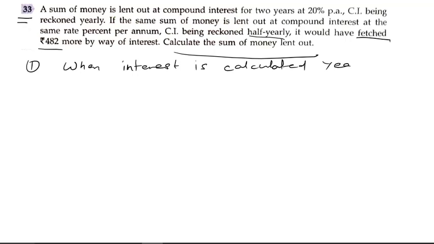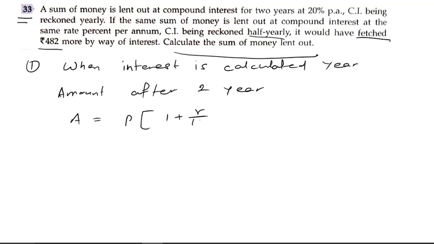So in that case my amount after 2 year will become A equal to P, the value of P we don't know, P into 1 plus R upon 100 power n. The value of R is 20 and the value of n is 2.